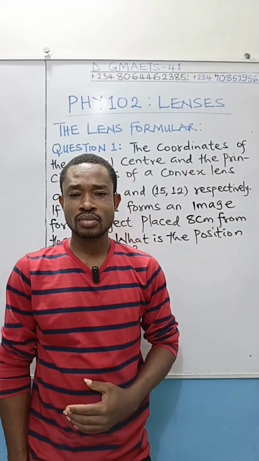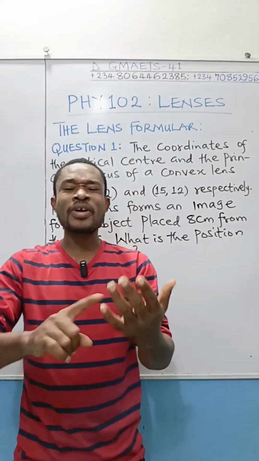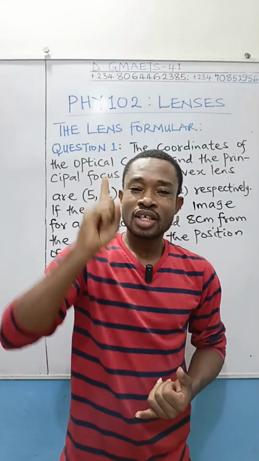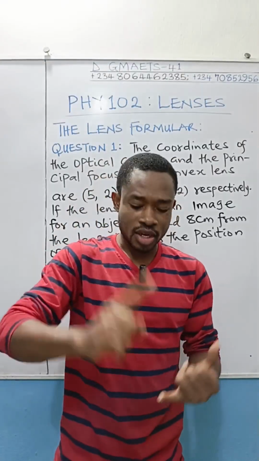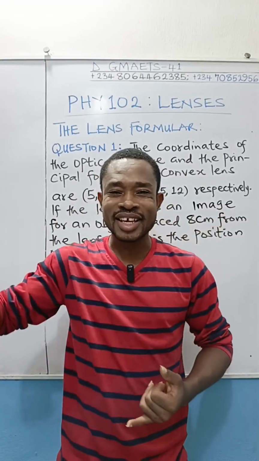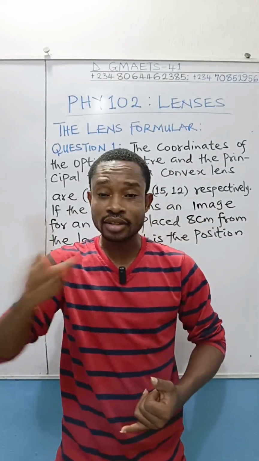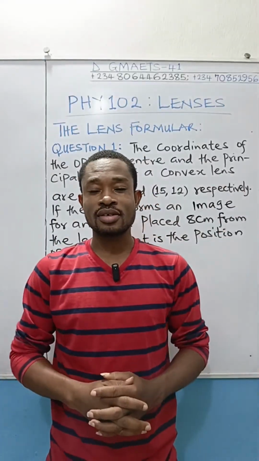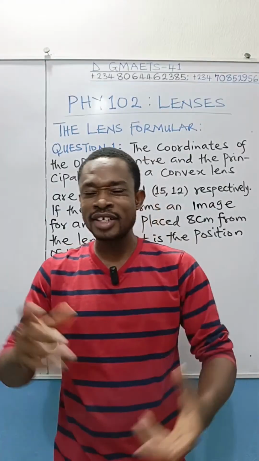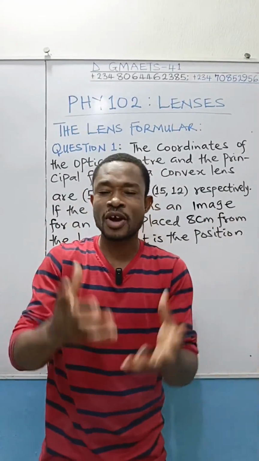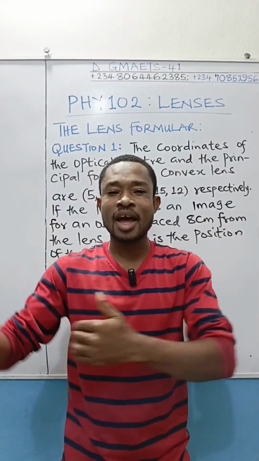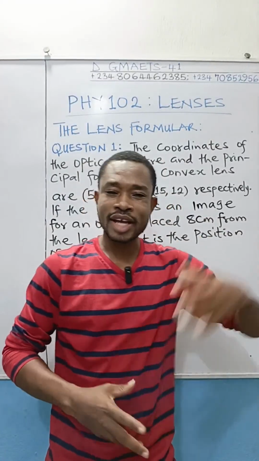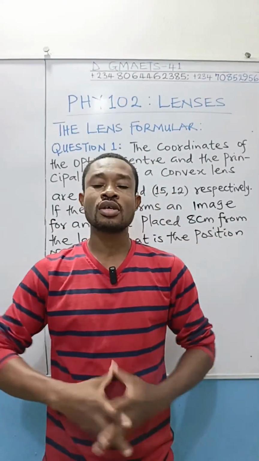So this is where it calls for you to understand the key focus of what our lens parameters are all about. For example, when you talk about the principal axis of a lens, in one word, you should know that the principal axis is just a line. A line, in one word. If you don't want to define it in full, then you talk about a line that passes through the optical center, connecting the optical center and the principal focus.